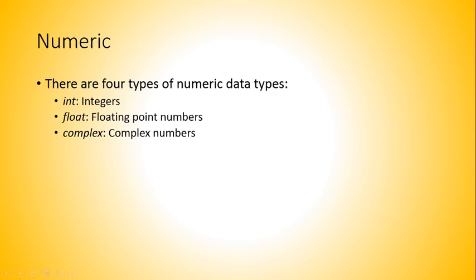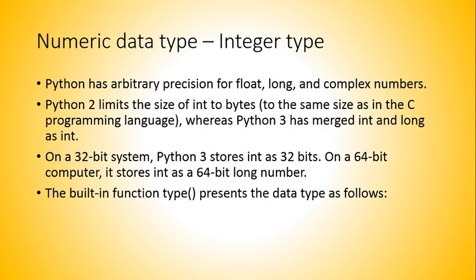The integer data type in Python, as you can see here, as we can say there are mainly 3 types of data type: float, long, and complex number. As a result, the limit of the length of the numbers is subject to the availability of memory.